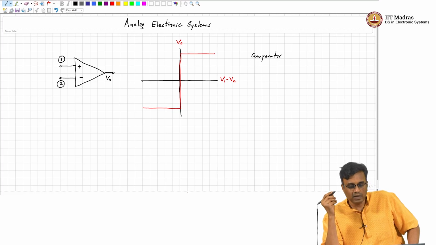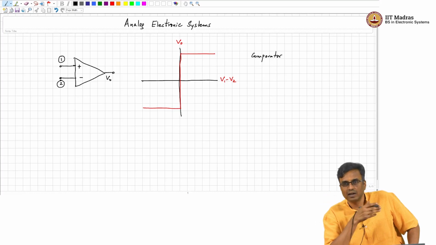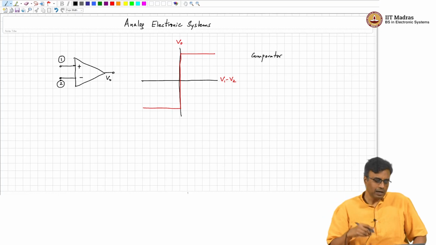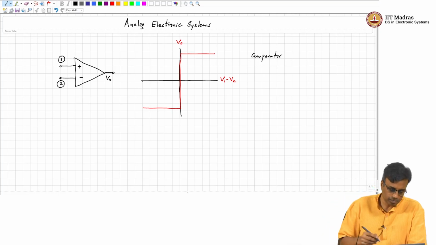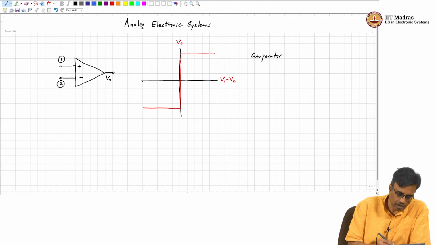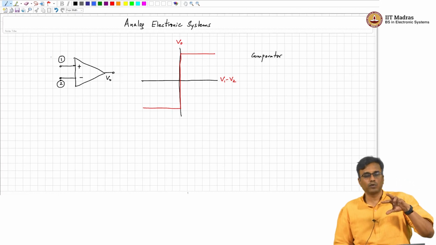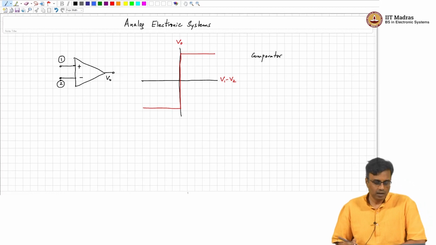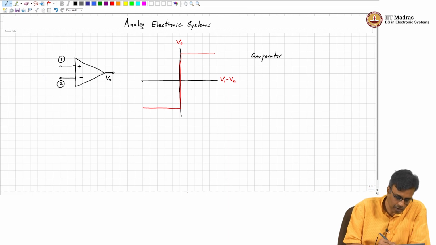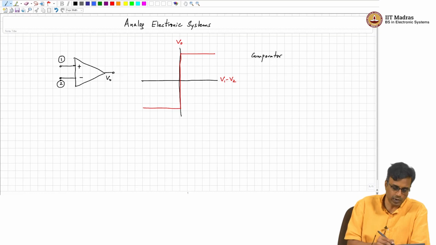So basically, when the input V1 minus V2 is less than 0, you get a negative rail output, and when the input V1 minus V2 is greater than 0, you get a positive. Now, one practical problem with this is that you're basically trying to compare two signals and figure out which one is greater. And more often than not, when you're comparing V1 minus V2, there's also some extraneous noise that's present, right?